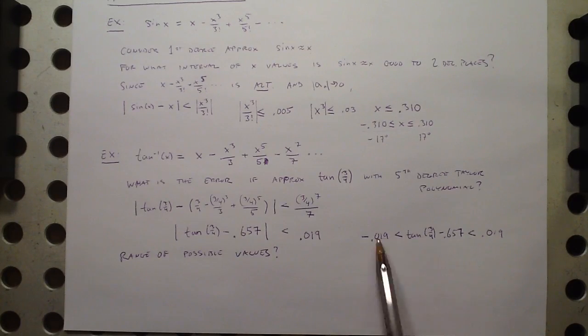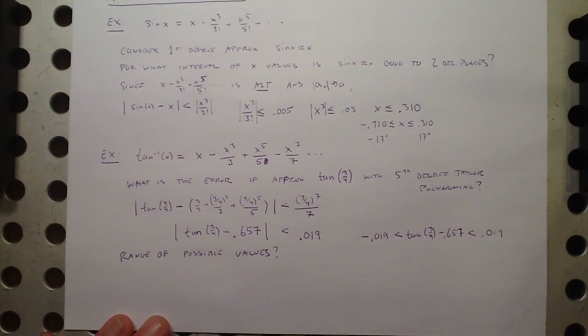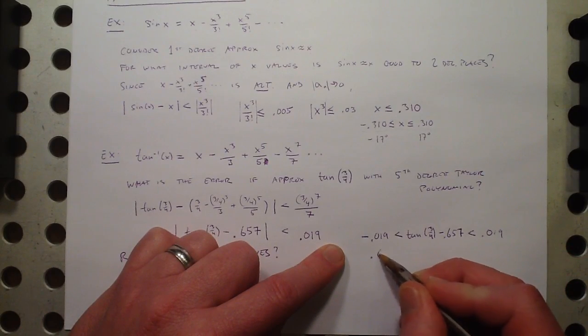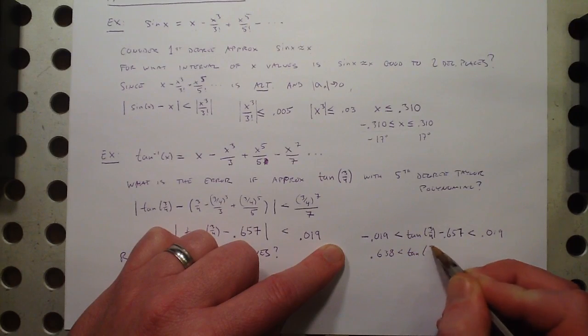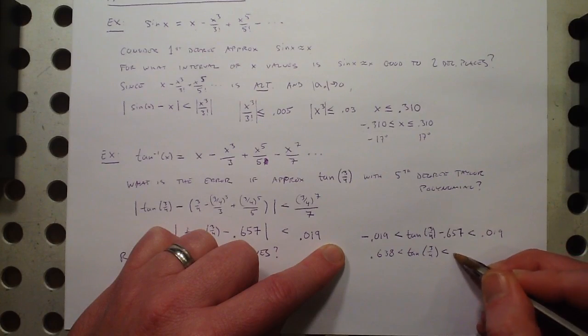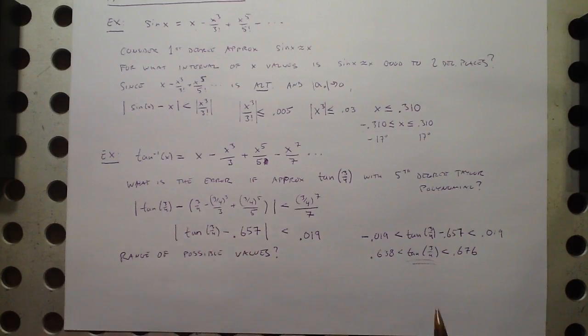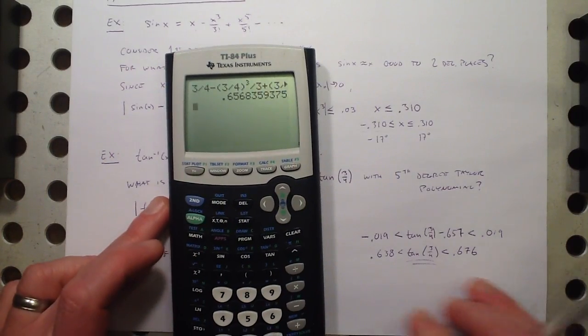That's the error, so it's plus or minus that much. Then I could add this to both sides of the inequality and get 0.638 on one side, and 0.676 on the other. So whatever the inverse tangent of 3/4 is, we can be confident because of the alternating series error bound that it's between those. Now we'll check that and see how we did.